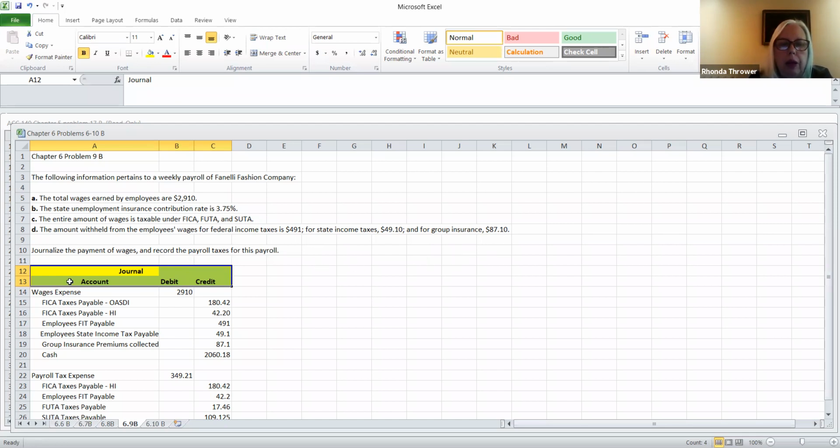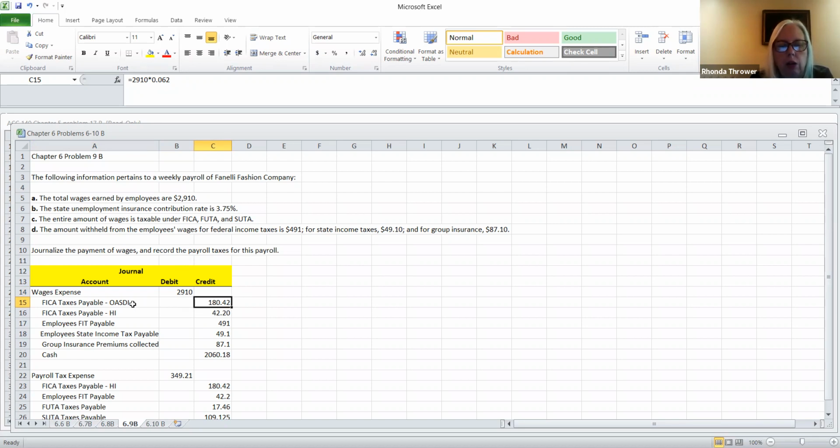So we're going to start by journalizing the entry for the employee. We're going to pay them a net amount of $29.10 that was given. And we have to withhold taxes, FICA taxes of 6.2% of that $29.10. So the amount of $180.42 is $29.10 times 6.2% for OASDI.